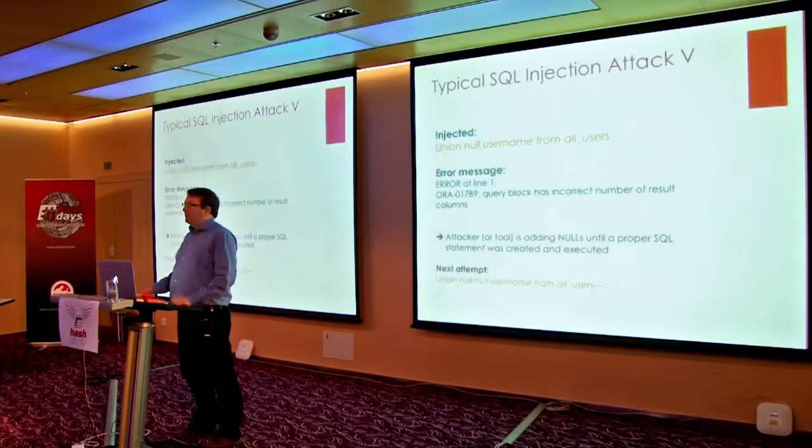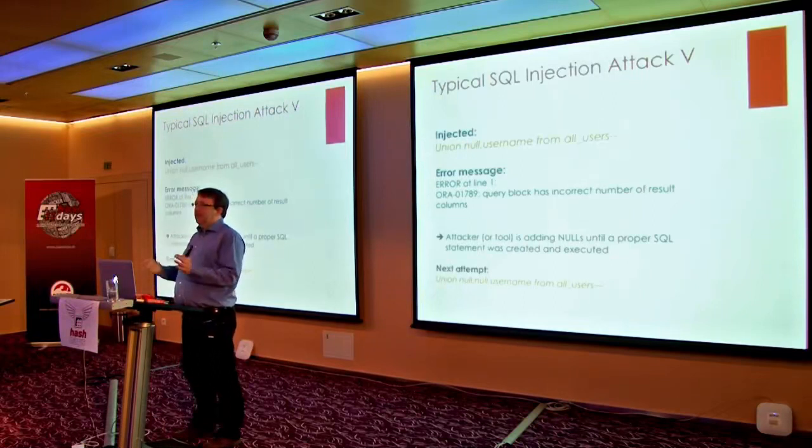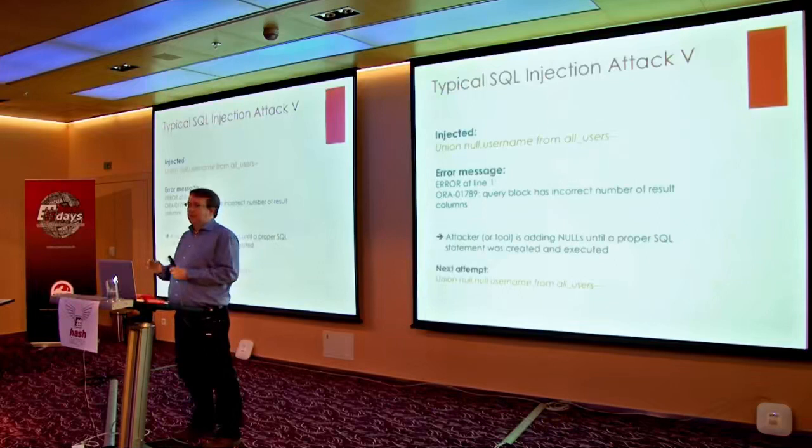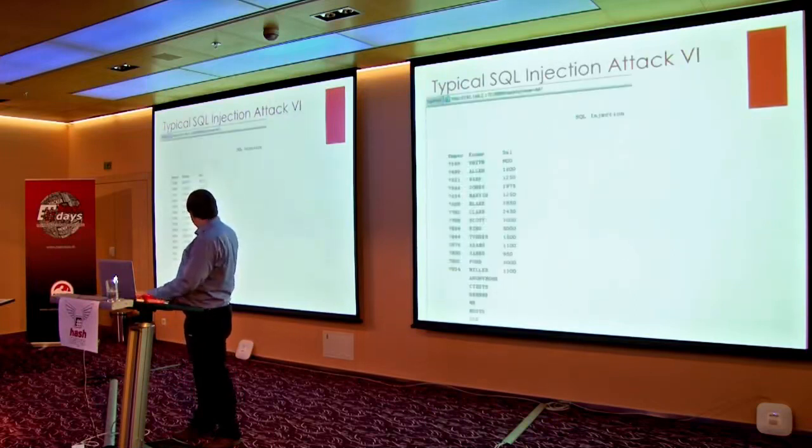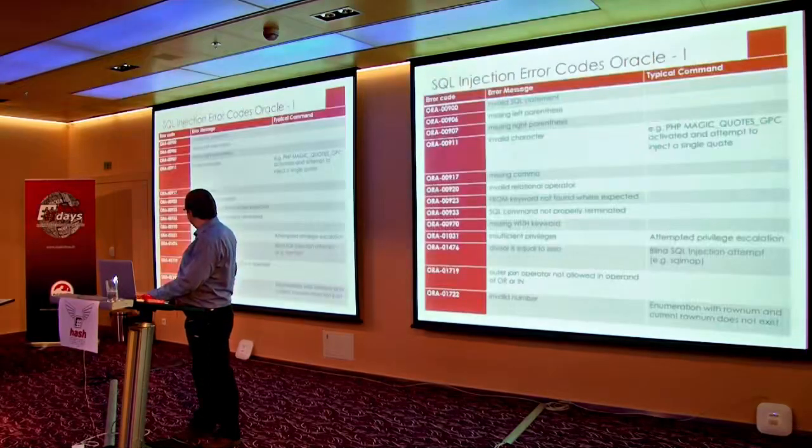In most SQL injection attack scenarios, you are appending stuff until you get a well-formed SQL statement. And the chances of getting a well-formed SQL statement using a tool are nearly next to null. And then, if you are successful, the statement is executed properly and we have everything.